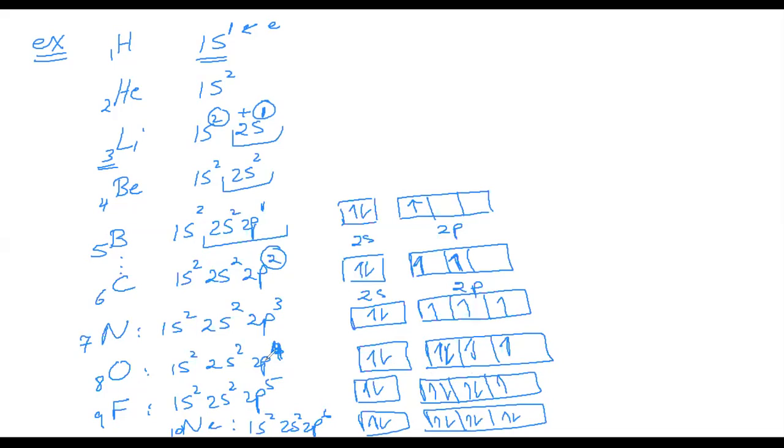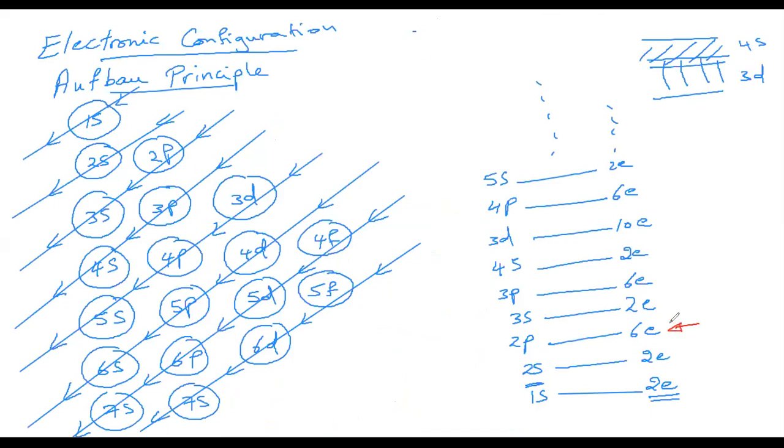After we finish neon, we come to sodium. Now, sodium starts a new period. That's why when we make the electronic configuration, we will find it to be 1s2, 2s2, 2p6. Now, the p subshell is completely filled by its 6 electrons. Then we have to go to the upper shell, which is the 3s.